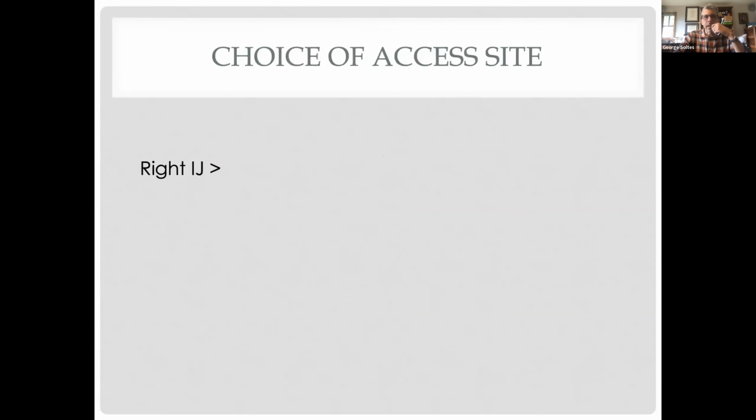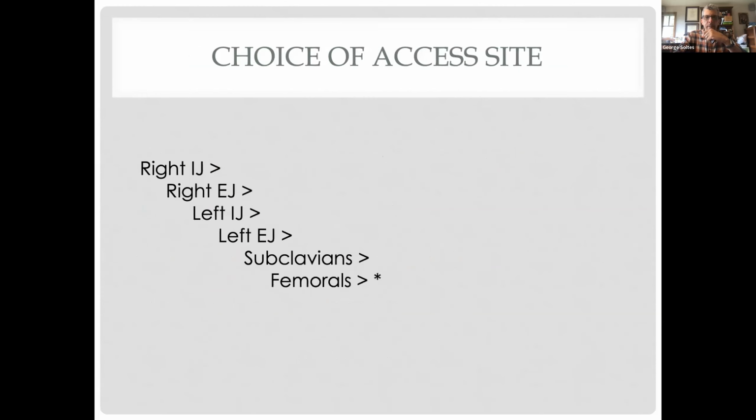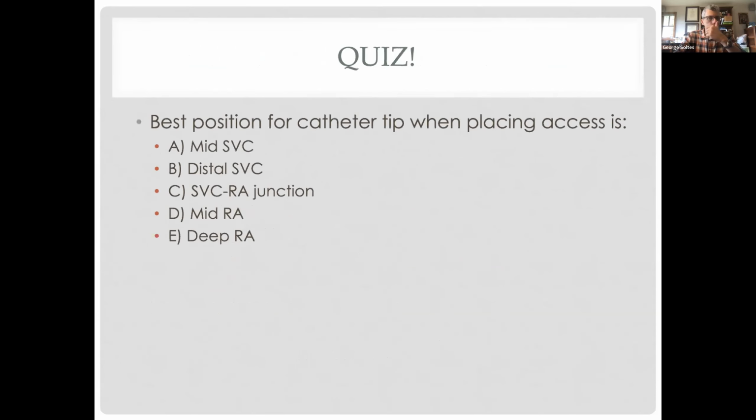So in summary, for the choice of access site, we love the right IJ, then the right EJ, left EJ, subclavians, then femorals, although you might flip that in dialysis patients where you're definitely trying to preserve the subclavians for fistulas and grafts, and then the crazy stuff after that.